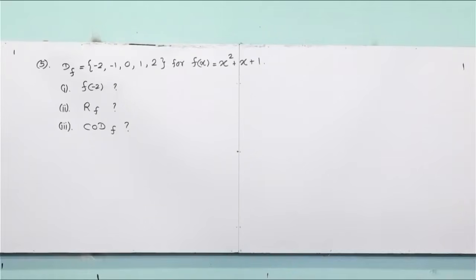Now first one you have to find the image of minus 2, then the range, then the codomain.